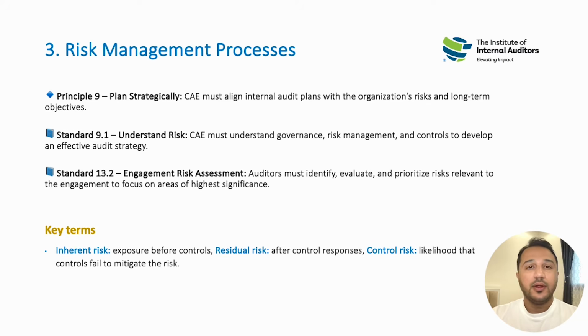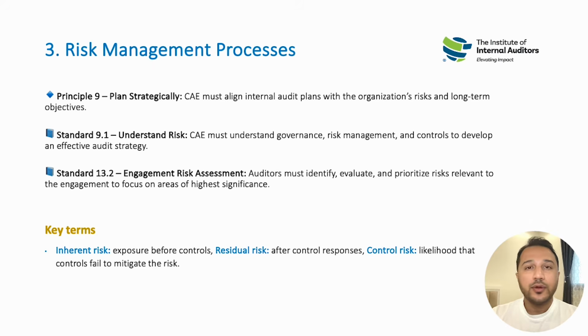But if the controls are very stringent, they need a key and you need to place a certain code, and you might need a fingerprint to open that vault, then it means that the controls are very effective and the control risk is low.